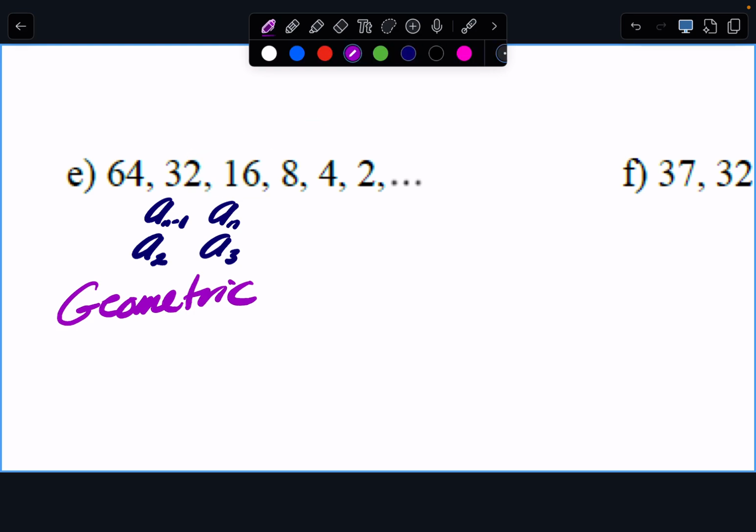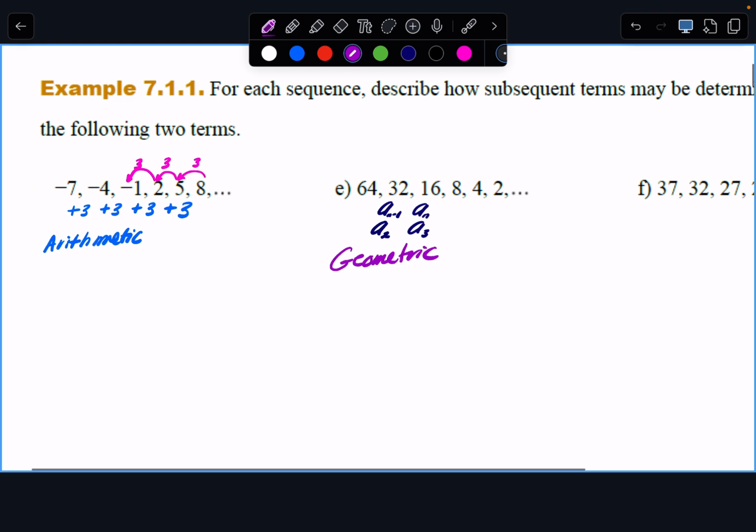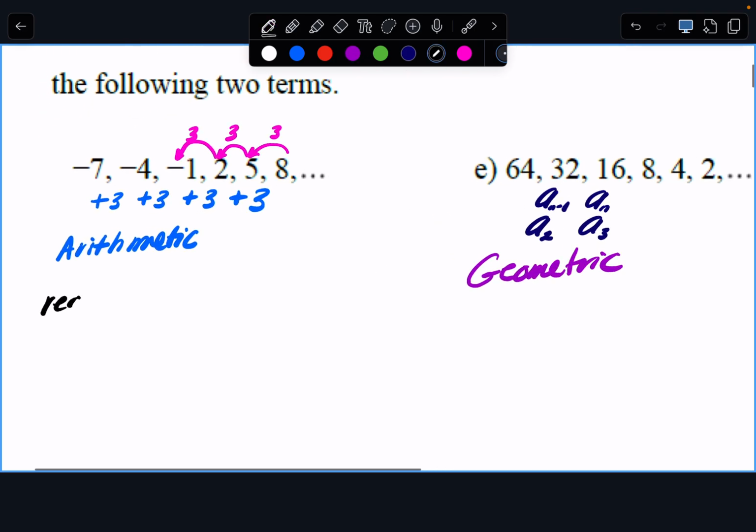So everybody, there's going to be 2 types of formulas we write today. One is called, we've got to get right to the point. Write this down. Recursive. A recursive formula is a formula that's written in terms of the previous term. So we're saying, okay, how can we find -7, -4, -1, 2, 5, 8. So you would say this, A sub n.